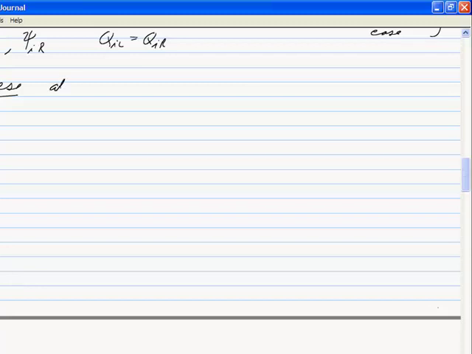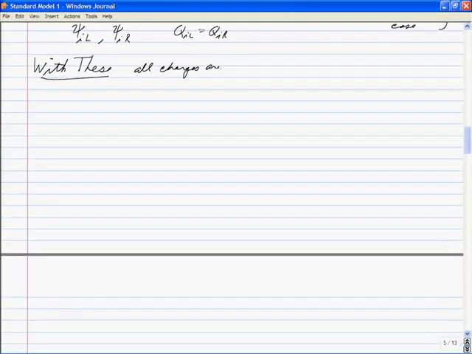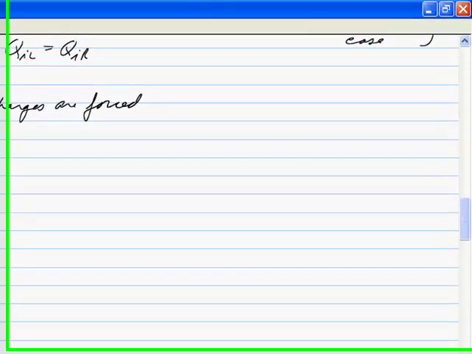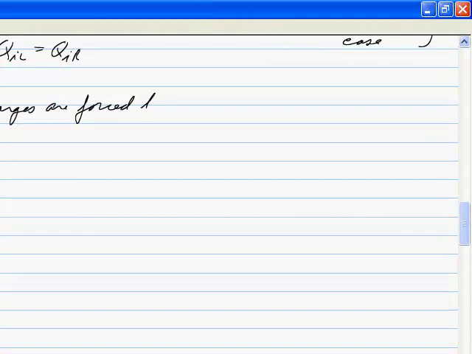All charges are forced, basically by the anomaly conditions. So the fact that the charge of the up quark is 2/3 is now known, even though you'd have to do a little algebra to do it.